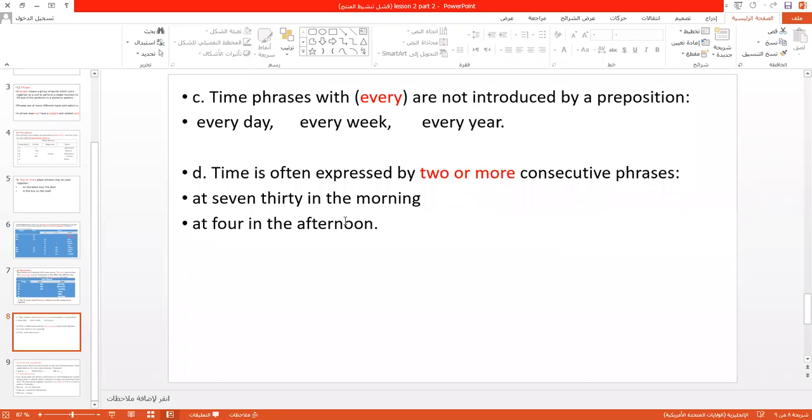In the afternoon, there is another time phrase. So sometimes we can use more than one time phrase within one sentence. For example, I always go to school at 7:30 in the morning. So in this sentence, I mention what? I mention 2 time phrases. Okay, is it clear?